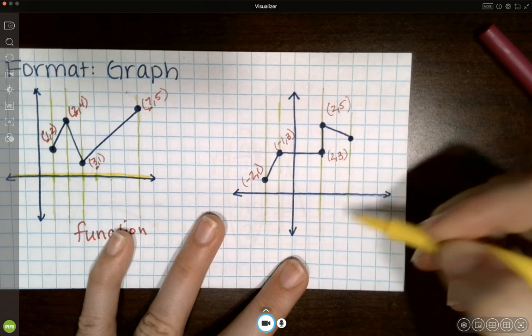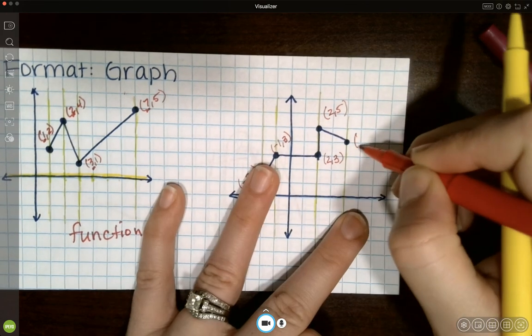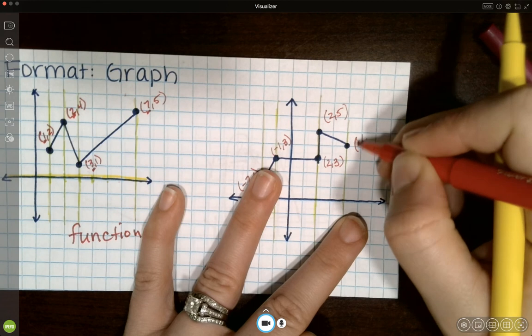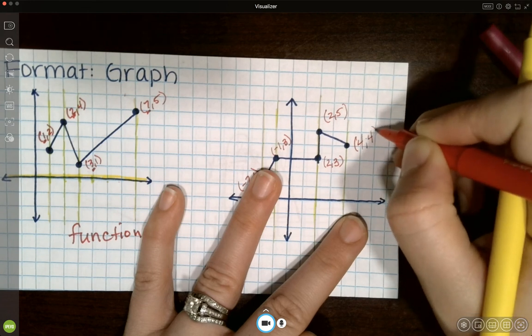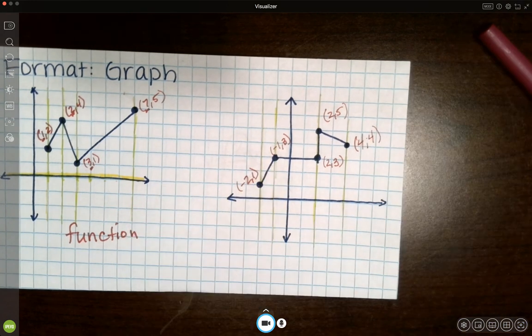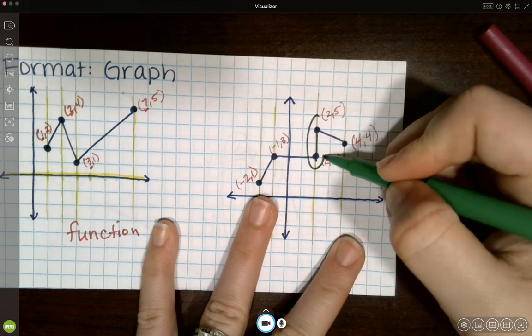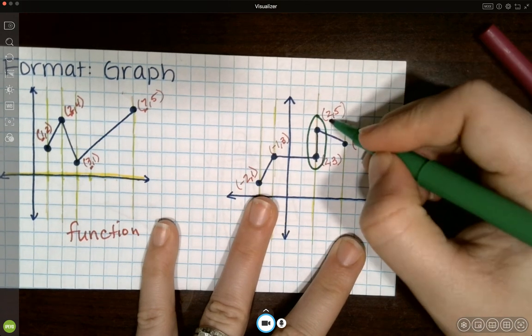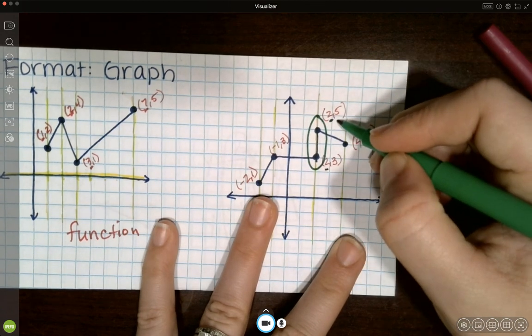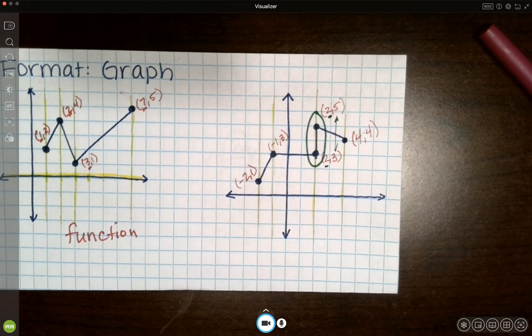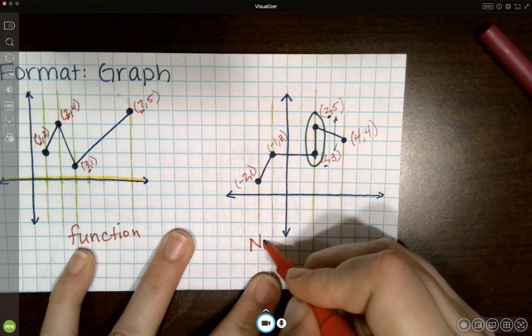I can then draw a line here just to complete the process, which is 4, comma, 4. So notice this area right here is an issue. I have the input of 2, but two different outputs. This causes this answer to be not a function.